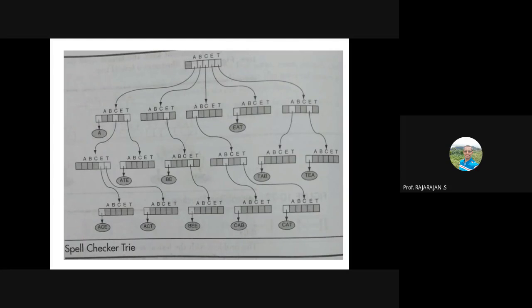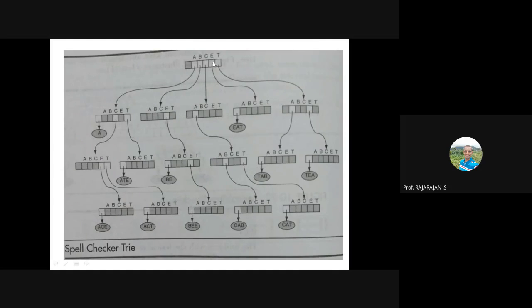Sai Prashant: Okay, sir. How did EAT come there? I'll show. Okay, EAT.